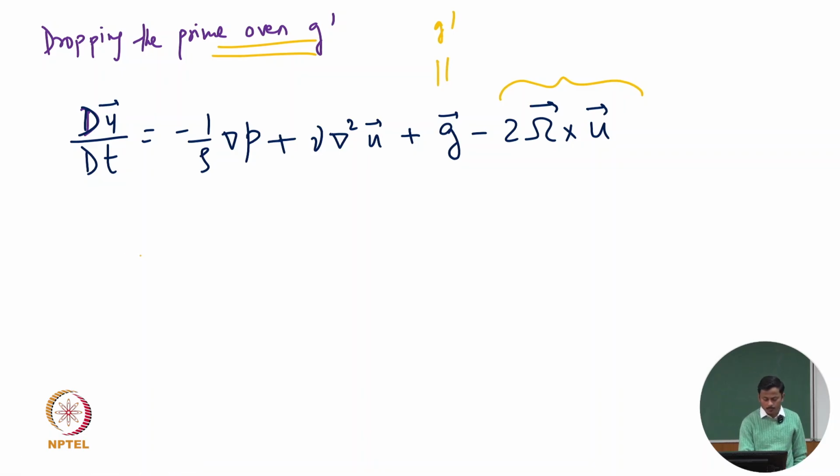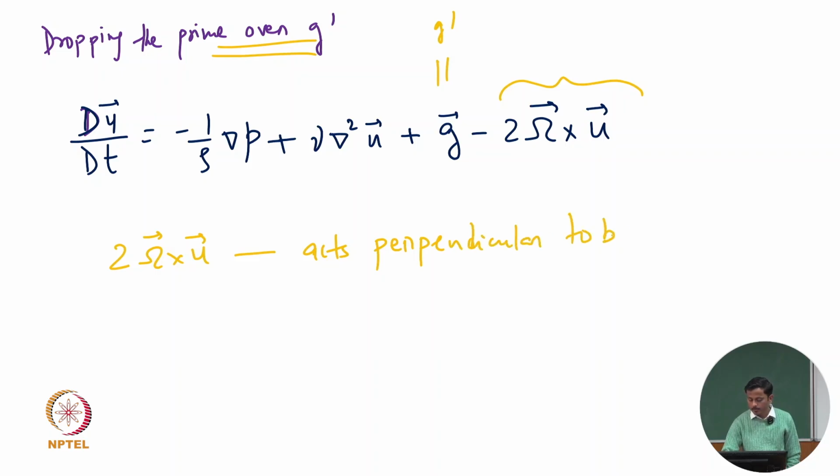So now this Coriolis term, 2 omega cross u, you can see that this acts perpendicular to both omega, which is along the axis of rotation, and the velocity u.